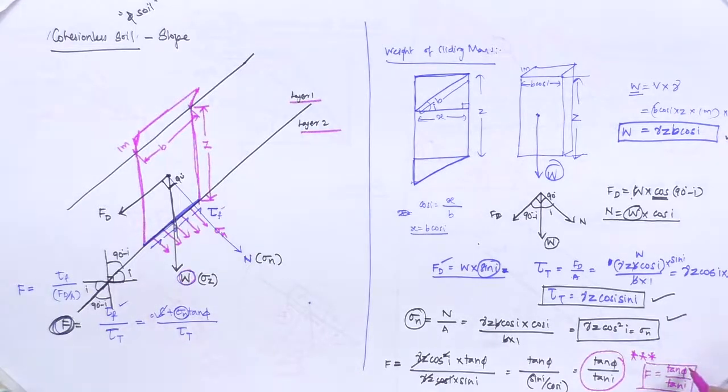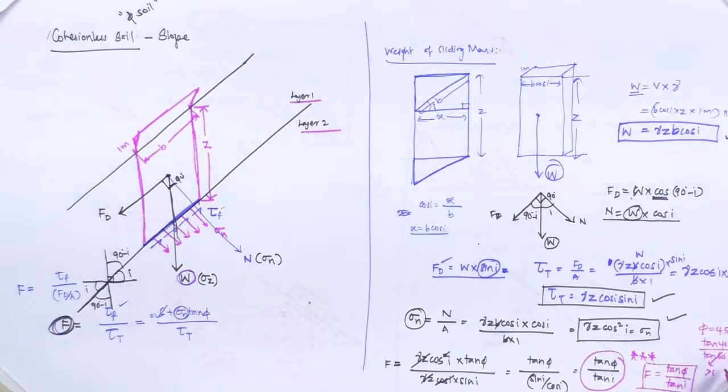Let us say the soil tested in the laboratory gives the value of tan 45 degrees, so tan 45 equals 1. Let me take the slope inclination angle as 60 degrees. Tan 60 degrees is greater than 1.